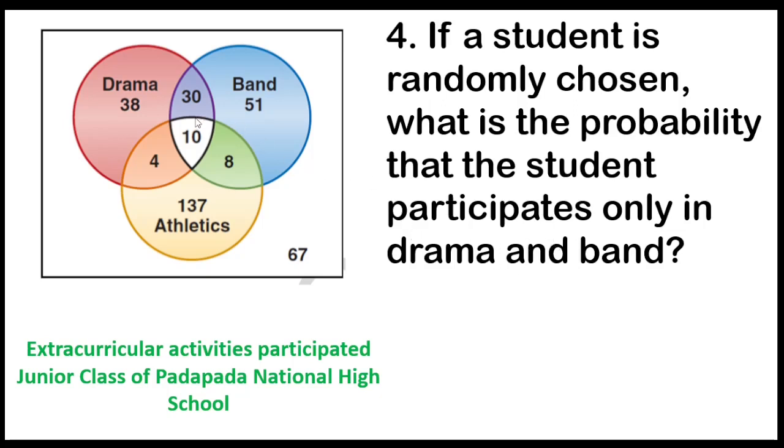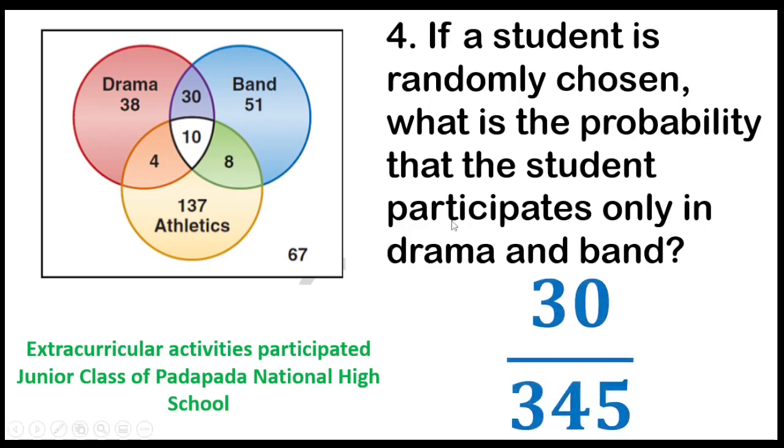So, ibig sabihin, dito ka sa gitna, tumitingin. Okay? Nasaan nakapwesto ang drama and band? Ito ang drama, ito yung band. Saan sila nagkita? At this intersection. Okay? So, ang bilang ng estudyante na kasali o nag-participate sa drama and band ay 30. Now, what is the probability of that? The probability of that is 30 over 345.